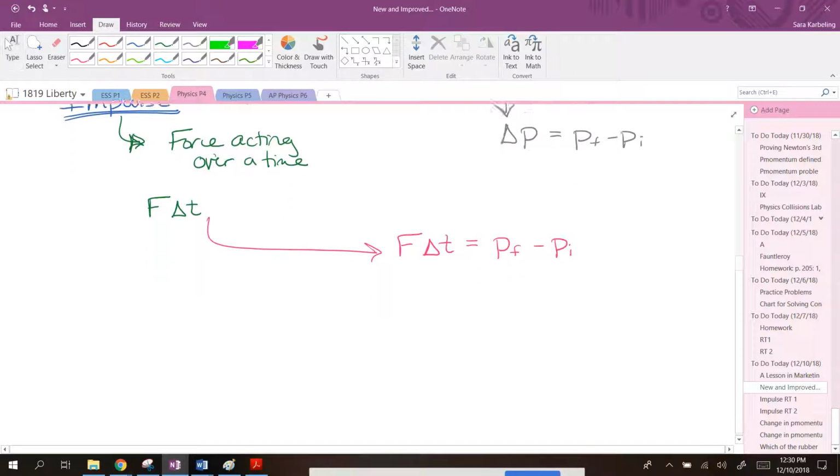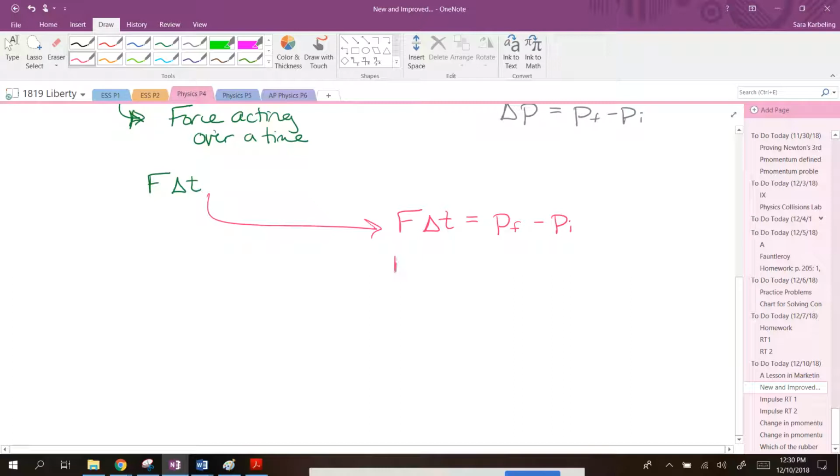Okay. So I'm going to leave the left-hand side alone for a minute. I'm just going to call that F delta T. I know that momentum is what times what always? Mass times velocity. Yeah. And you know what? Actually, I wrote this out a different way in my other one, and I like it better. I'm going to erase this.